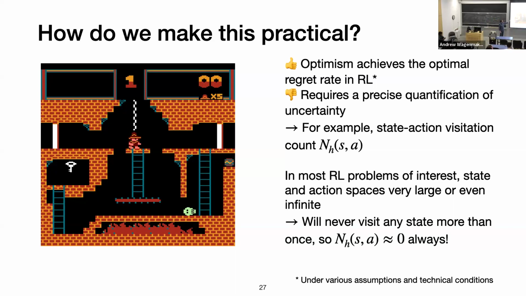In a game like Montezuma's Revenge, what is a state? It's one configuration. If the agent moves from here to here, that's a different state. That's not great because there's a huge number of states. If I were to run something like optimism or this count-based optimism, it's going to break. It will always think everything is uncertain because it will never have visited anything twice. So that's a problem.